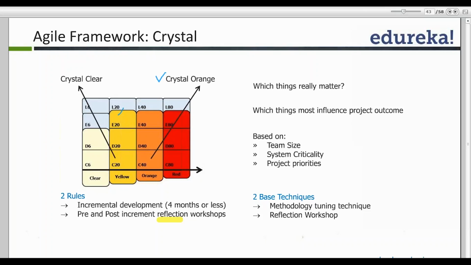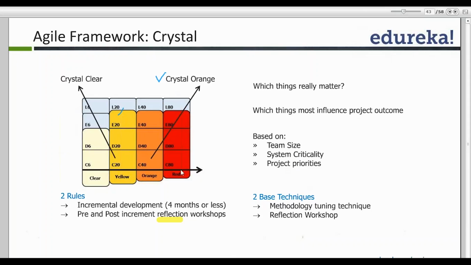It talks about the factors which really matter in the project and influence the project outcome. These factors are based on team size, system criticality, and project priorities. Based on that, you get a color coding.